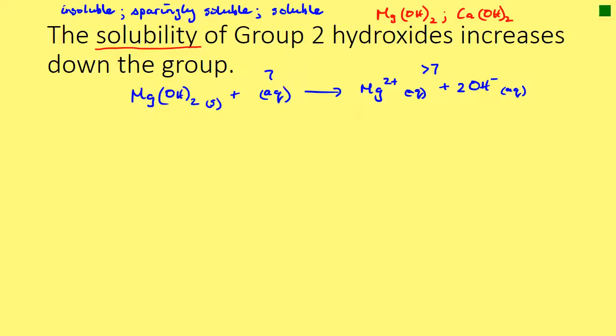So that's what happens. We could also investigate the solubilities by starting off with the ions. So you'd have a solution of a salt that was very soluble, and you might add some sodium hydroxide to it. So you're actually adding hydroxide ions by means of sodium hydroxide, and you could observe whether you get a precipitate.